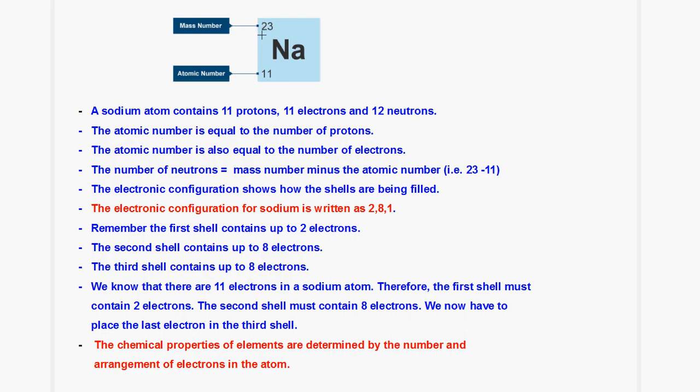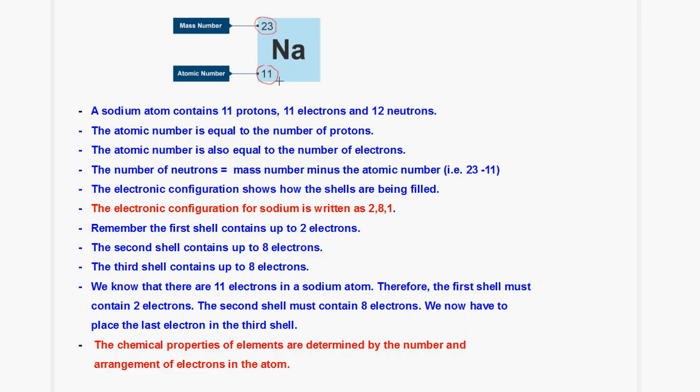The number at the top here represents the mass number, and the number at the bottom represents the atomic number. So for example, we have the element sodium, whose symbol is Na. So the sodium atom contains 11 protons, 11 electrons and 12 neutrons.